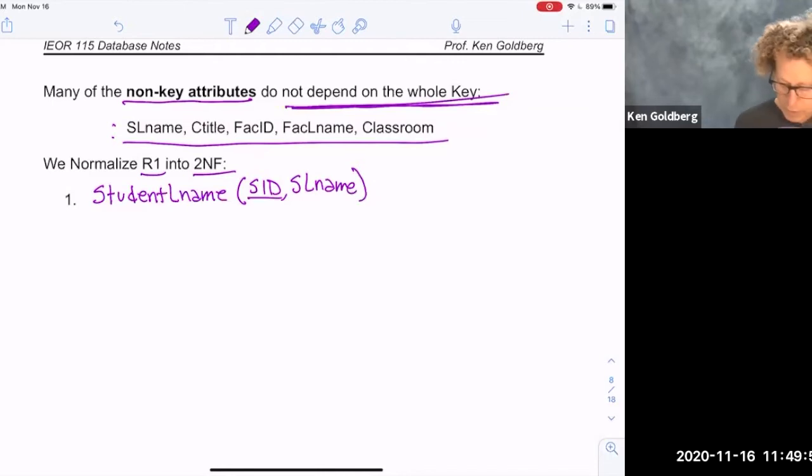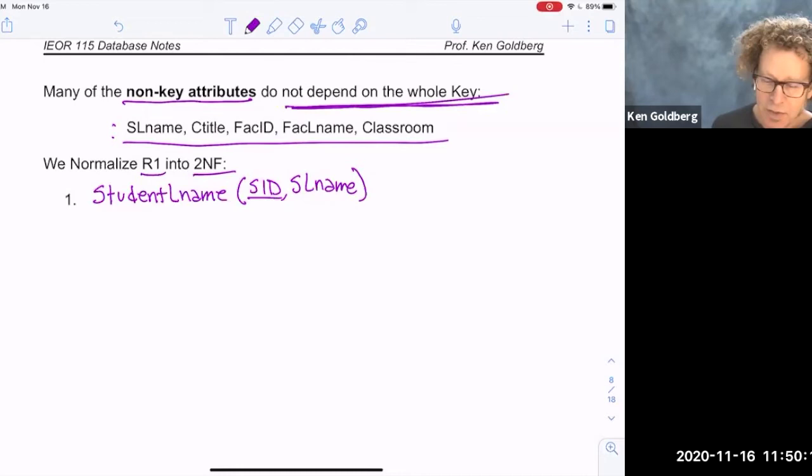Now, if you look at that, is that in second normal form? Yes, because it only has one attribute as its candidate key, so everything has to be fully dependent on that. Student last name depends on student ID. You can't take anything out of student ID.